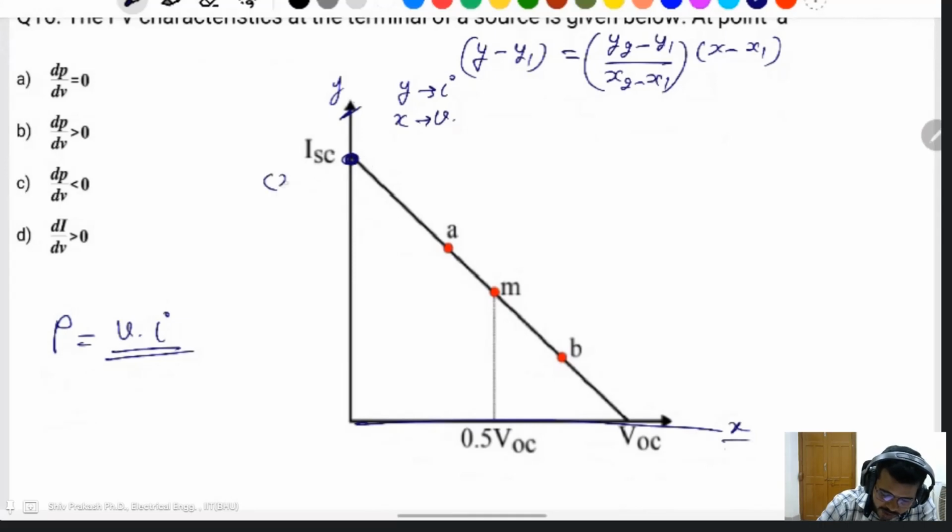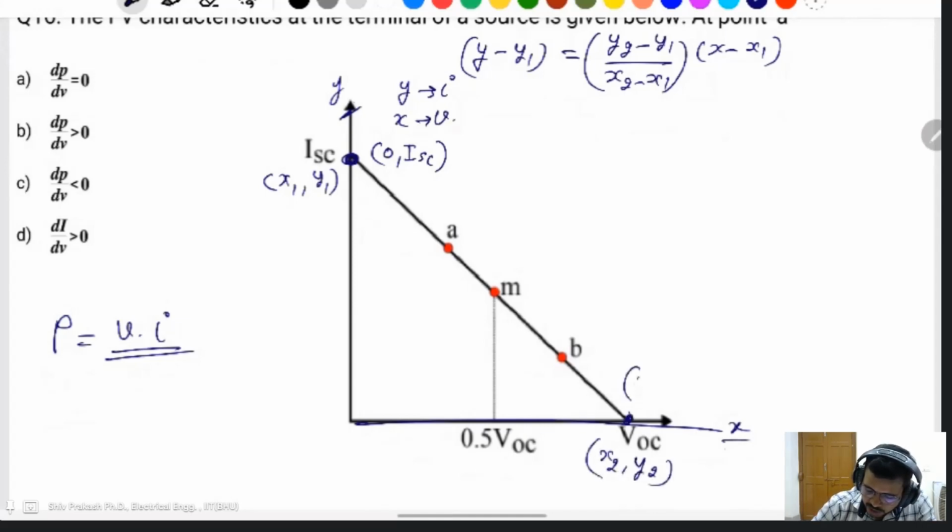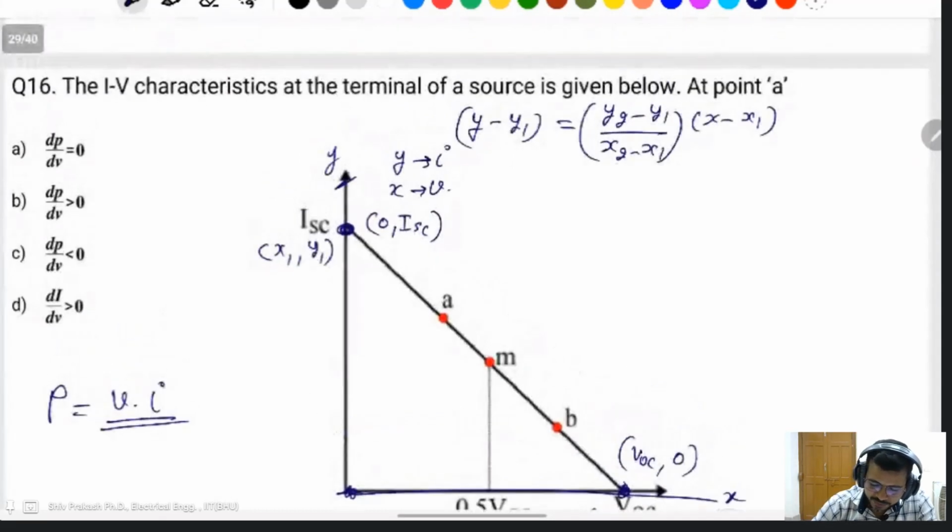This will be x1, y1, where the x coordinate is 0 and the y coordinate is ISC. This will be x2, y2, where x2 is VOC and y2 is 0.